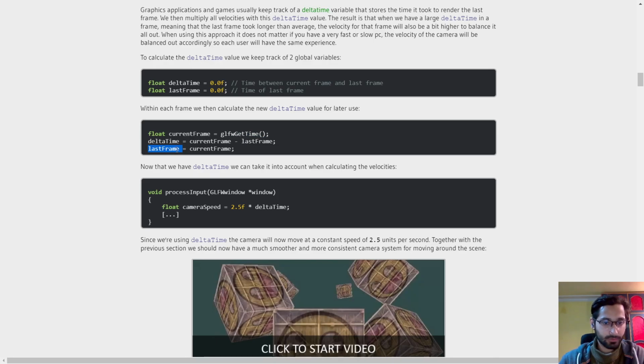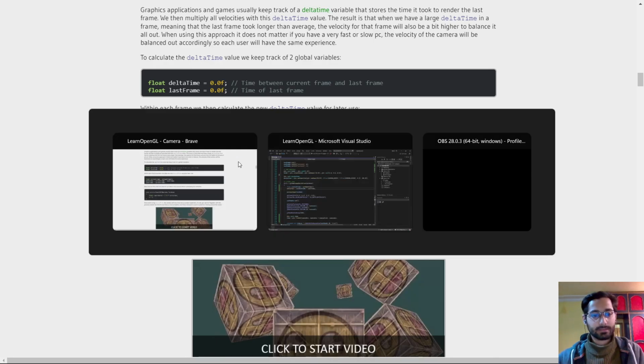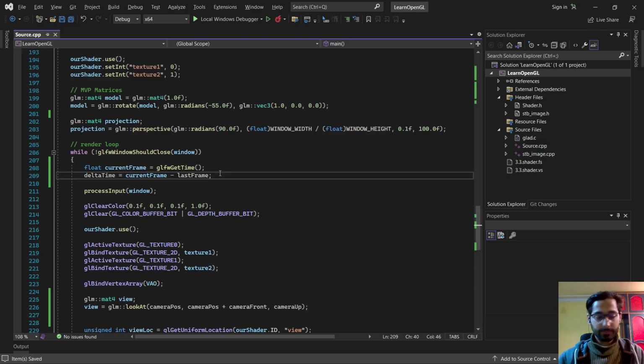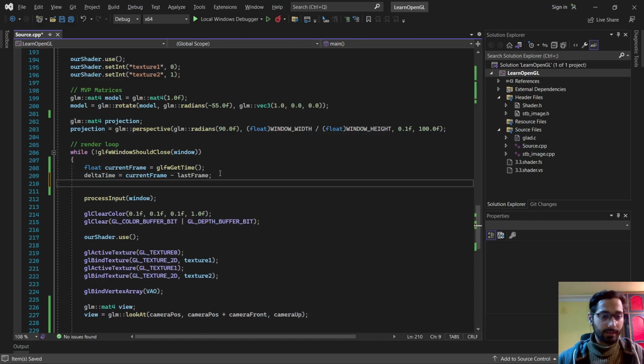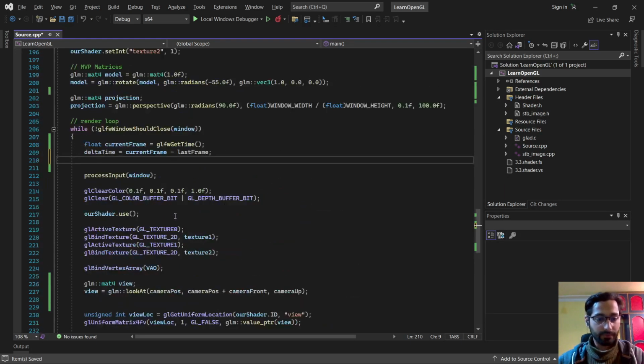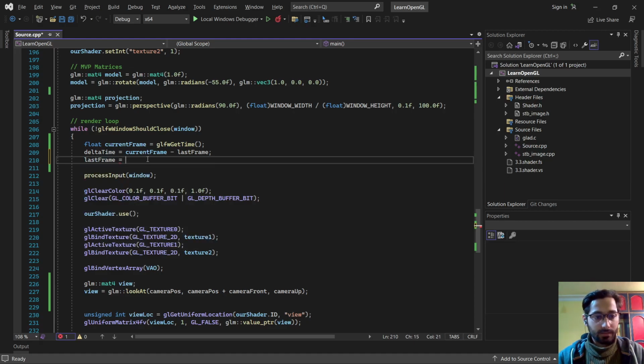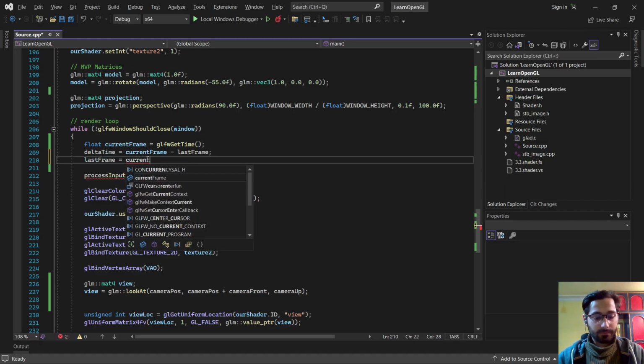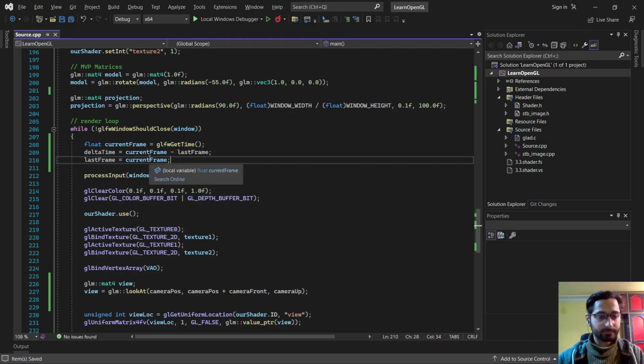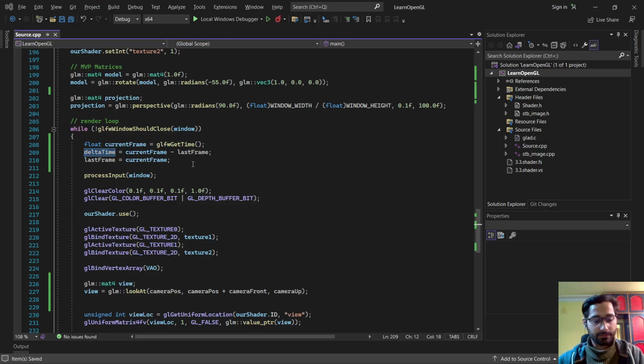So however long all of this processing took, that will be added on to the next time when we call get time, and that will be the difference between these two values. Okay, last frame is equal to current frame. So that should give us the delta time for each frame.